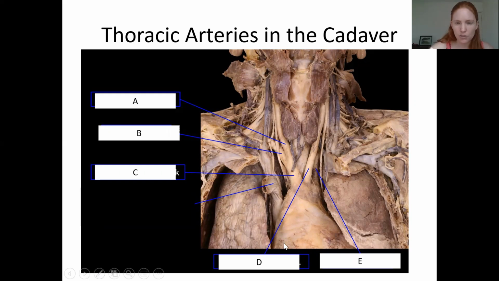First thing we need to do is get ourselves oriented. What are we looking at right now? Here is the heart. On either side of the heart are the lungs, and this whole area would be the thoracic cavity. There is the rib cage right there.